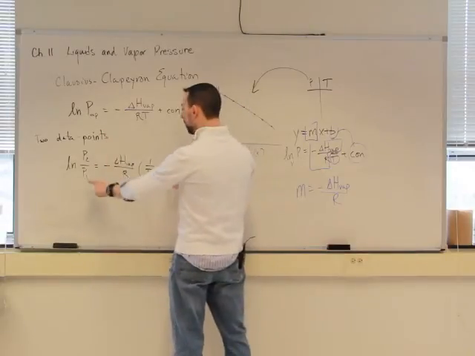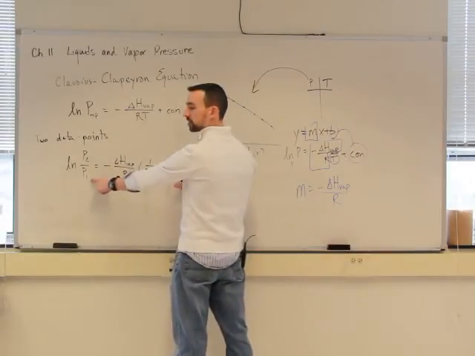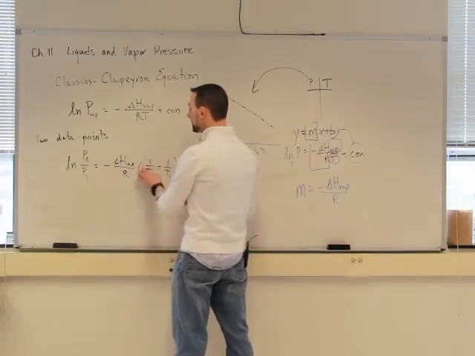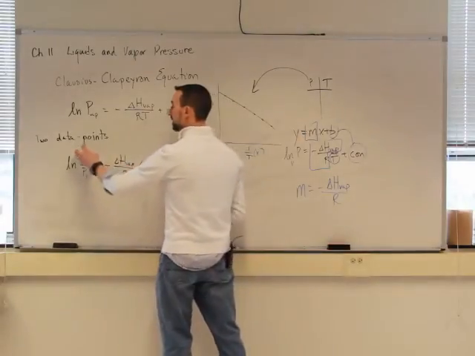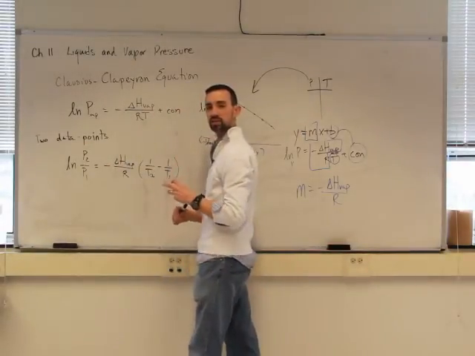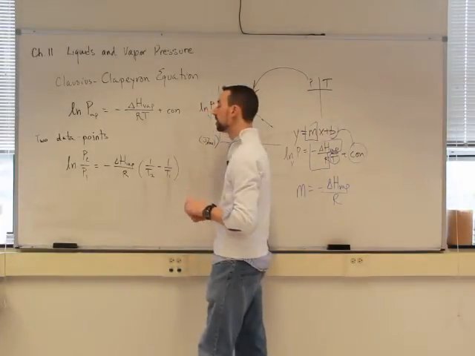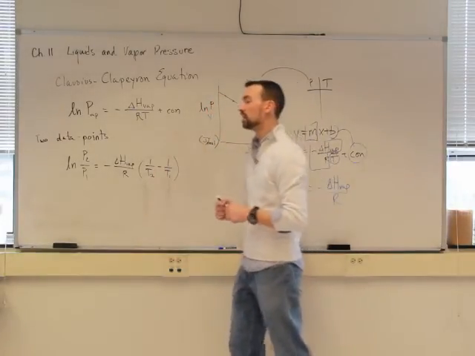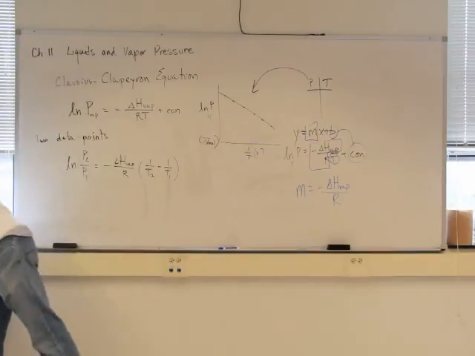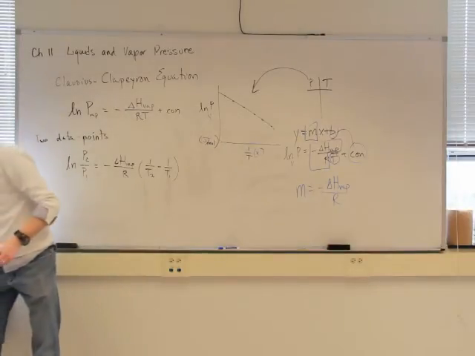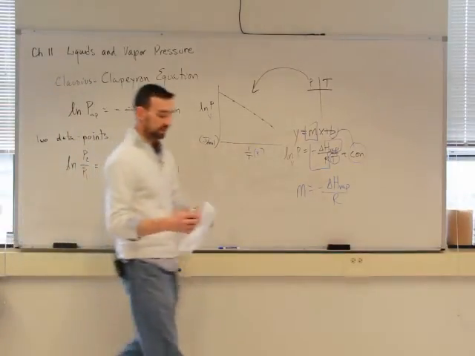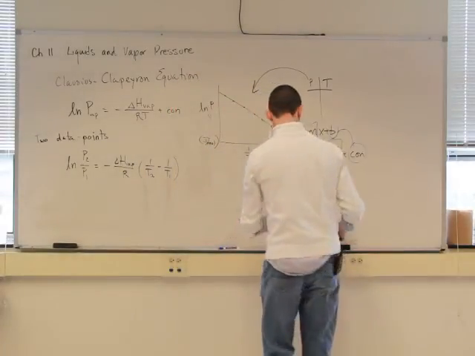By measuring one pressure-temperature combination, we can figure out what temperature we need to get atmospheric pressure, our second pressure, because that's when boiling would occur. All right? So let me do an example of how we're going to make use of this type of calculation.